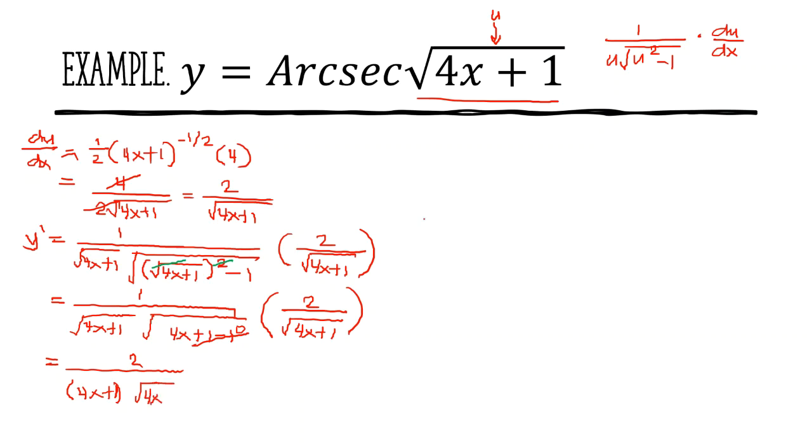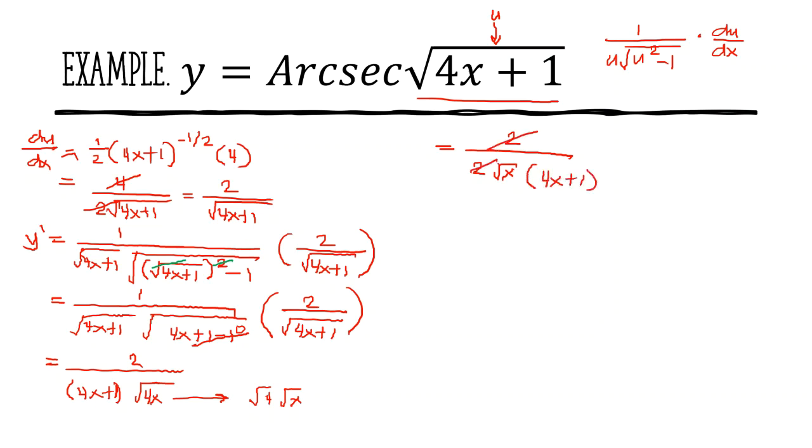Now, we can still simplify that because square root of 4x can be changed into square root of 4 and square root of x. And square root of 4 is a perfect square, so we have a root for that one. Square root of 4 is 2. And then we have square root of x times 4x plus 1.